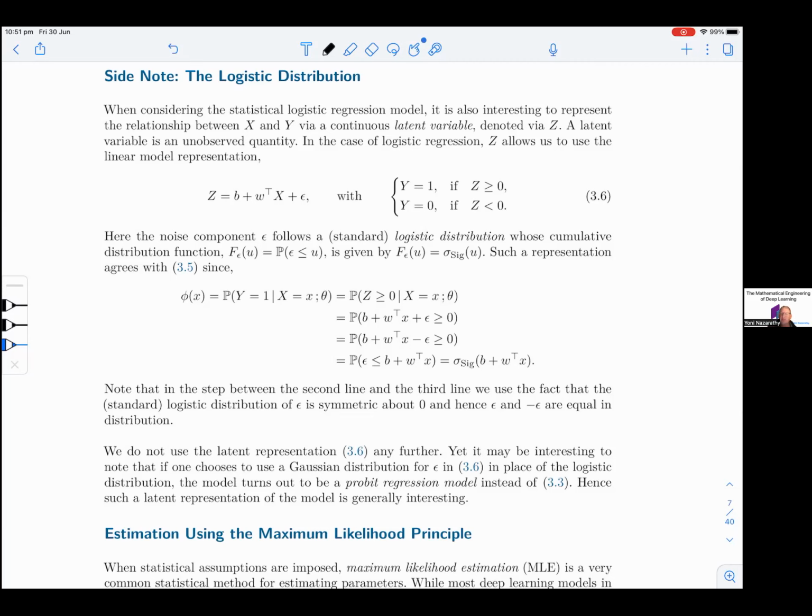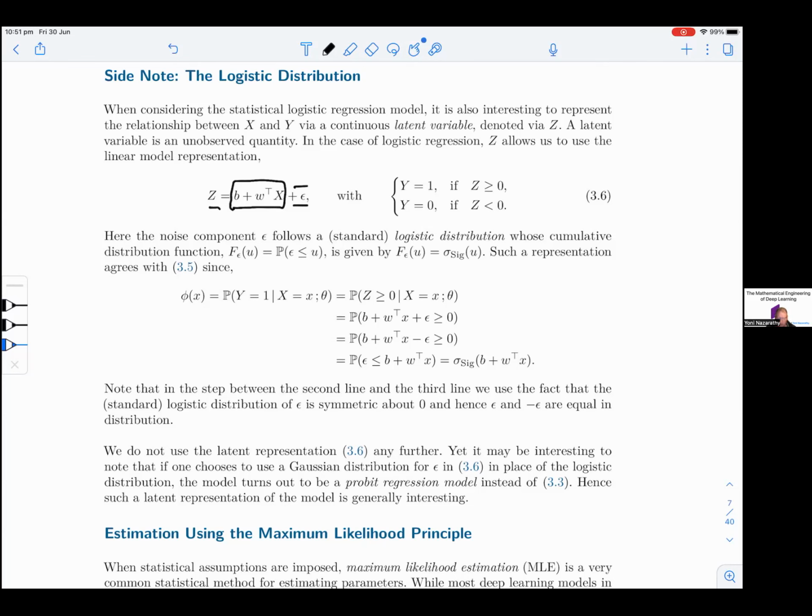In the case of logistic regression, z allows us to use the linear model representation. z equals an affine relationship on x plus epsilon, with y being 1 if z is greater than or equal to 0, and y being 0 if z is less than 0.